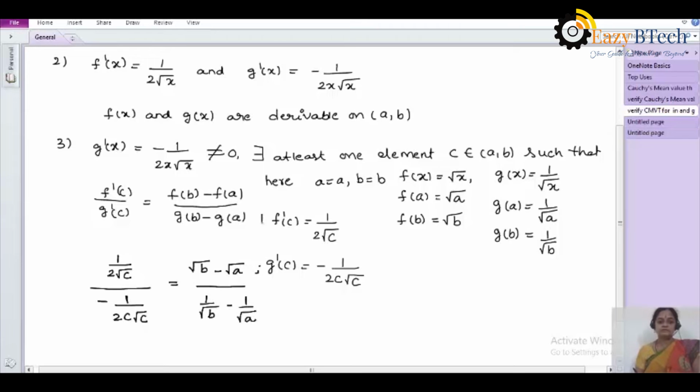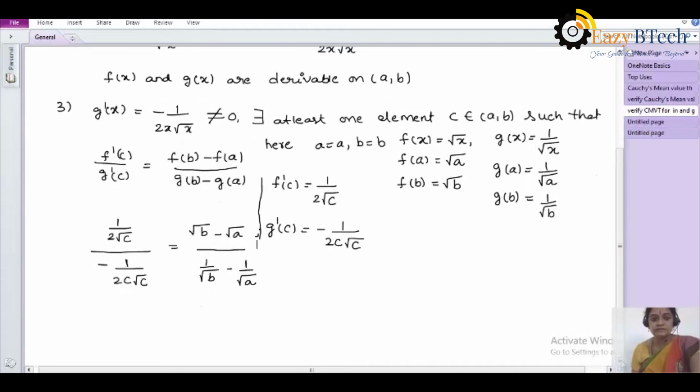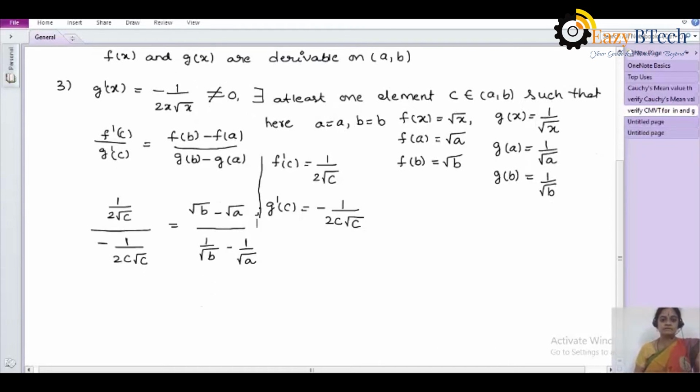These are the two values, f dash of c and g dash of c. So substitution is over. Now doing the simplification of this one.